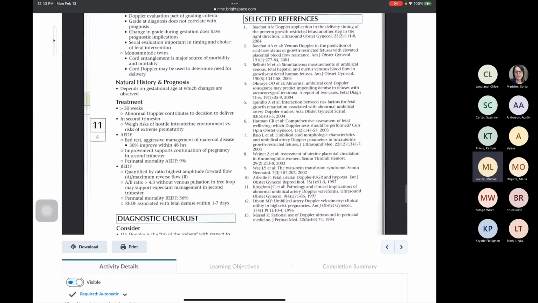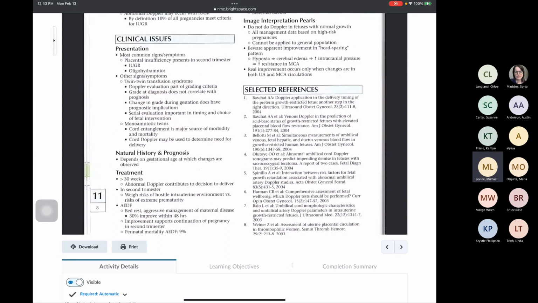The second to go would be fetal tone, these tonic movements, then gross body movements, and then, of course, the amniotic fluid volume. The lower number of vertical pockets of 2 centimeters or more usually means chronic hypoxia. So you get a score. The score of a biophysical profile, counting 2 for each parameter, plus the non-stress test, the perfect score would be 10. Anything 6 or below would be concerning.